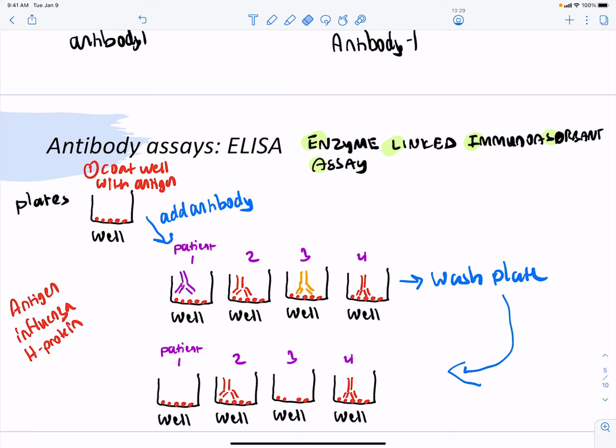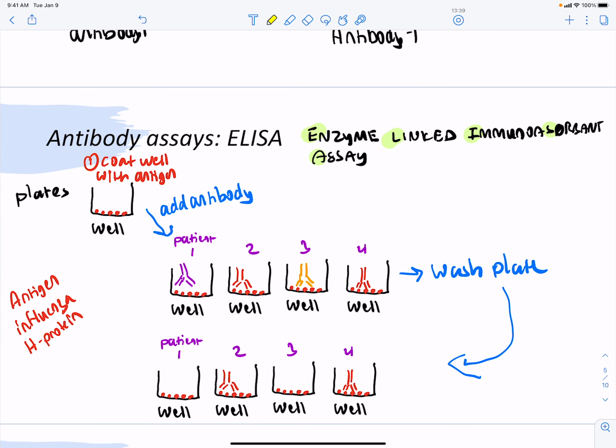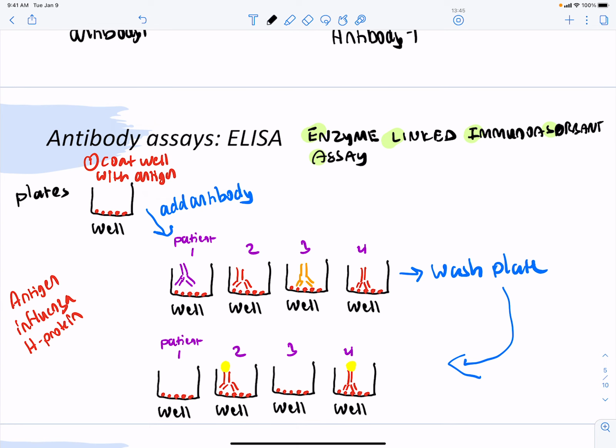Basically what happens is the purple antibody and the orange antibody do not stick. The red antibodies will stick, and you add a fluorescent marker, a tag. So what you get is a color change if there's a positive.